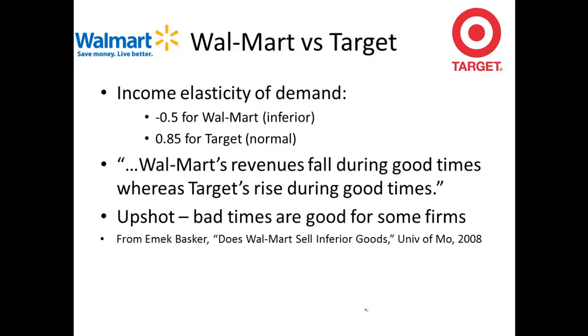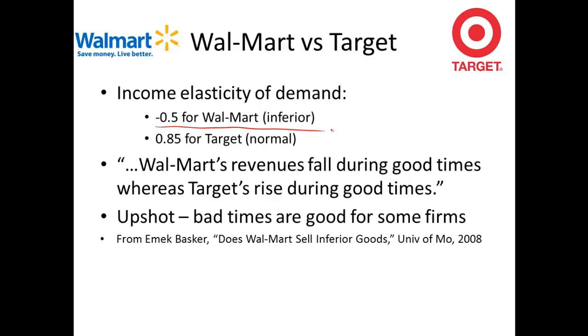Another interesting application involves Walmart and Target. It's possible to figure out the income elasticity of demand for goods at these stores by looking at what happens over the business cycle, when incomes tend to rise and incomes tend to fall. People who've studied this carefully find the following. The income elasticity of demand at Walmart is minus 0.5.